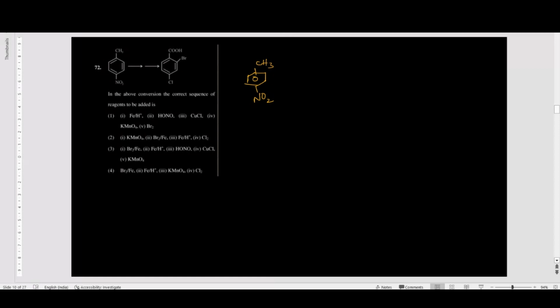So in this product we have this bromine, right? So first let's do bromination. Let's substitute this bromine first. In order to do that, we can take this reagent, that is Br2 with Fe, right?